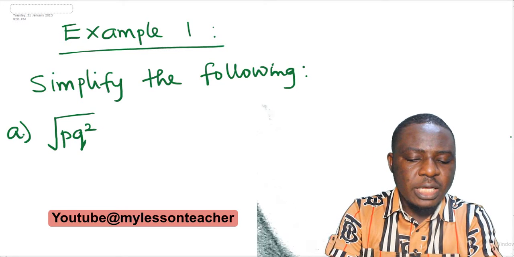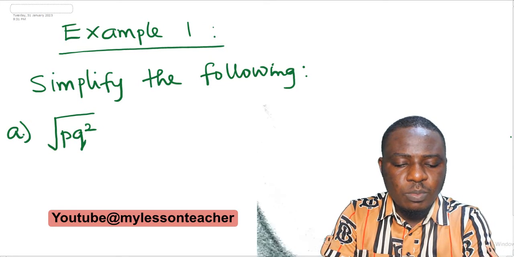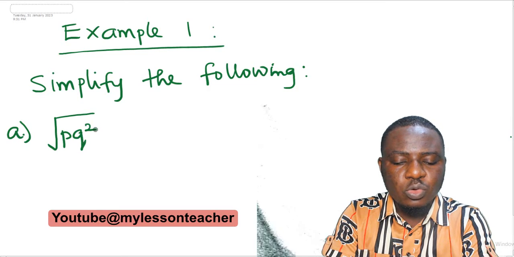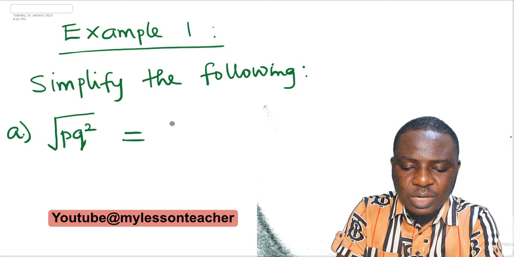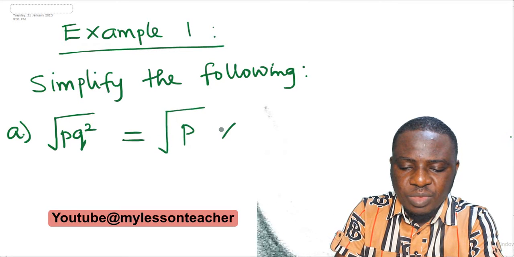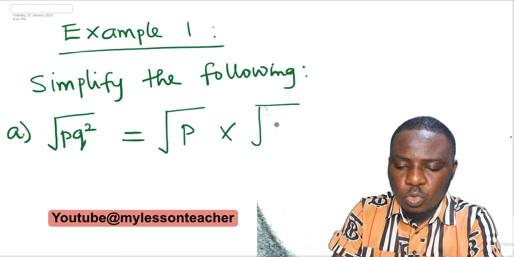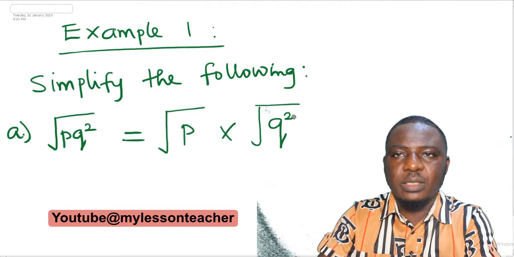Now, A says root into bracket PQ squared. We should simplify this. Note that this can be written as root P times root Q squared.